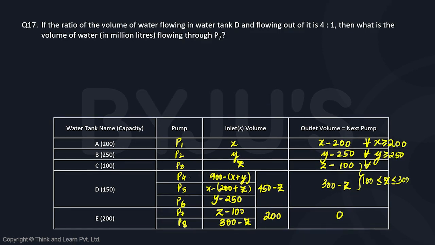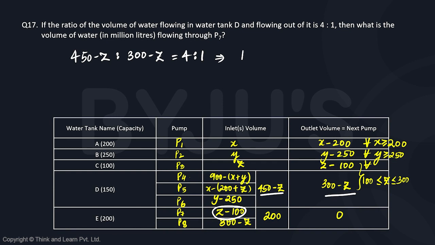Question number 17. If the ratio of the volume of water flowing into water tank D, which is 450 minus Z, and flowing out of it, which is 300 minus Z, is 4:1, then what is the volume of water flowing through P7? So we need to find Z minus 100. As per the question, 450 minus Z is to 300 minus Z is 4:1.